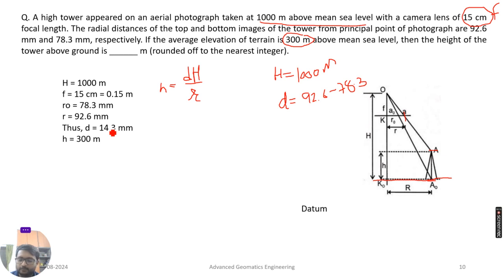Are you getting the answer? What answer are you getting by applying this formula?